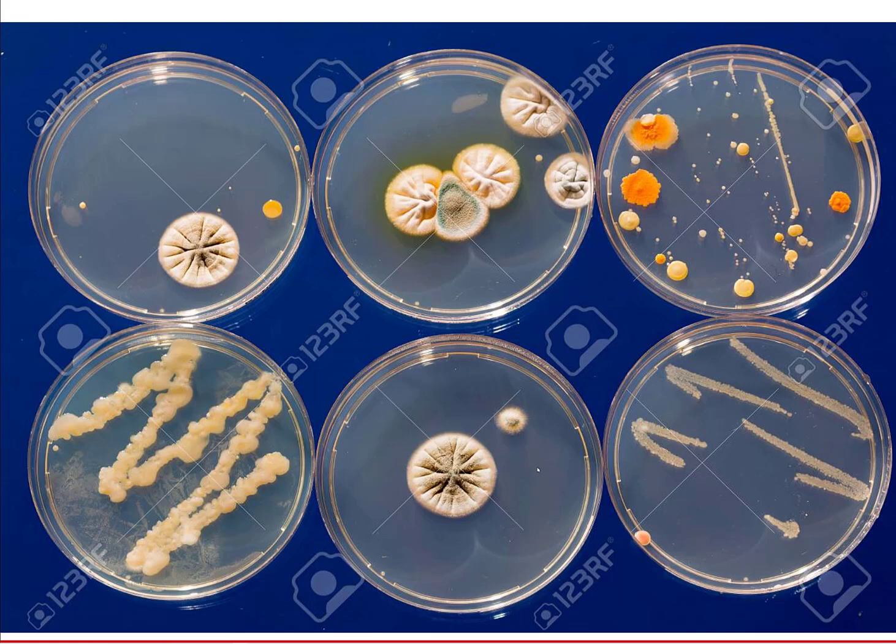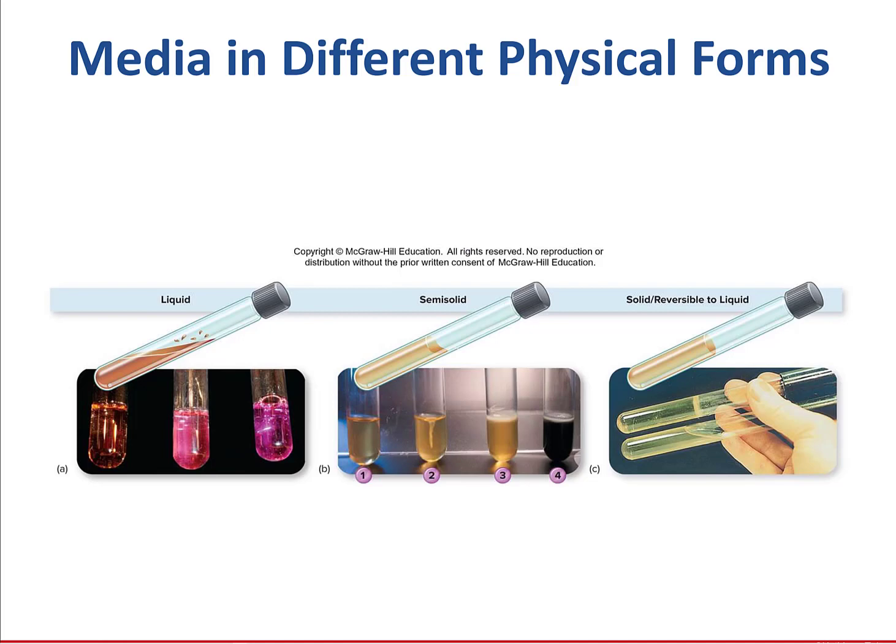So there's your liquid, your semi-solid, and then you can look at this stab for looking at motility of bacteria, and you can see it's not motile. This one's motile because the whole thing looks like it kind of swarmed everywhere. So that semi-solid is used for lots of different things, but that's one of them. And then sometimes we make a solid and we make a slant.